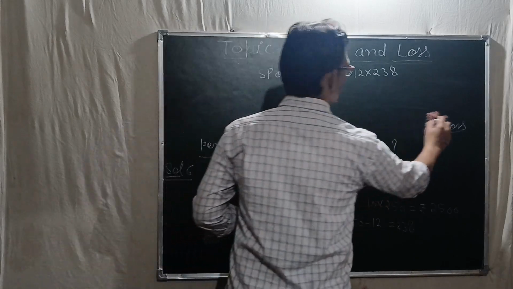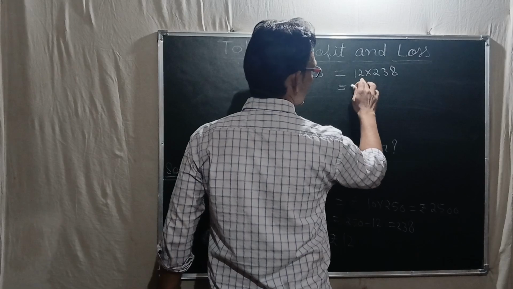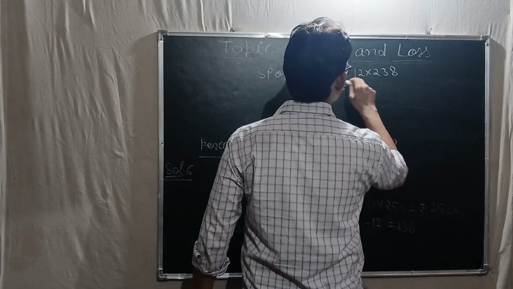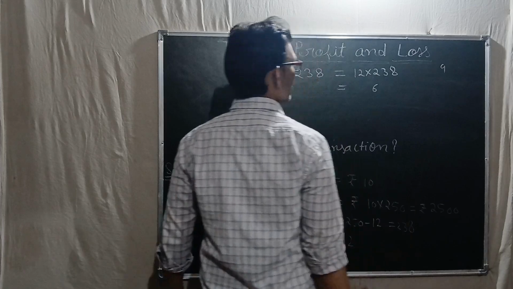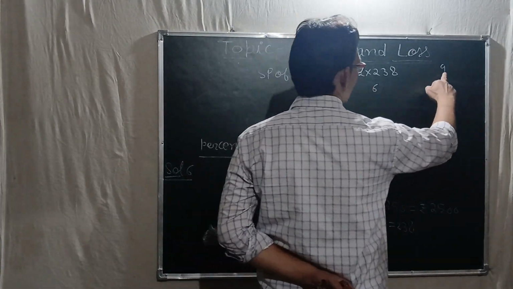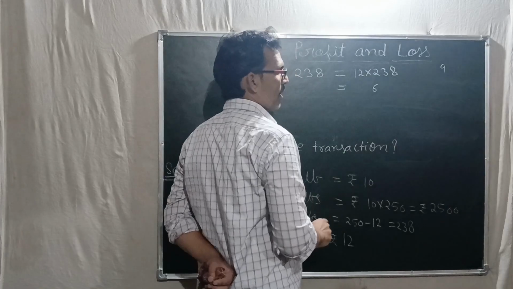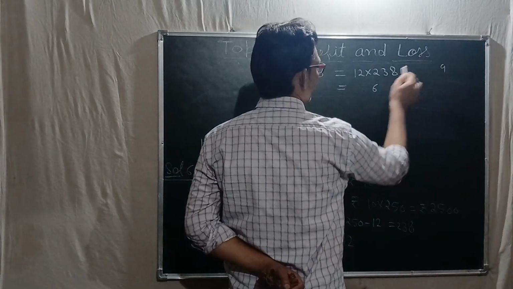Now multiply. 12 times 8 is 96, I will write 6 here and 9 will be carry. 12 times 3 is 36, and 9 makes 45.